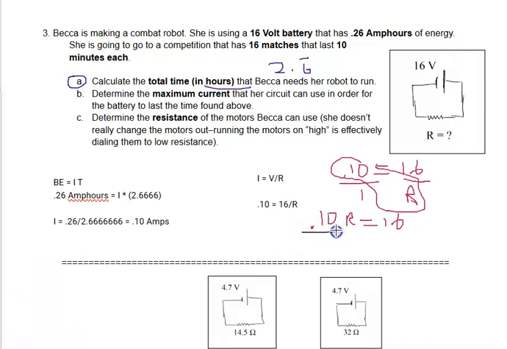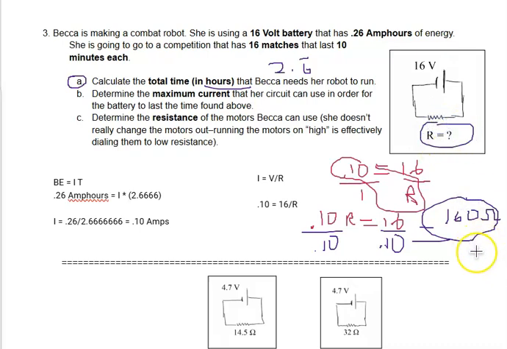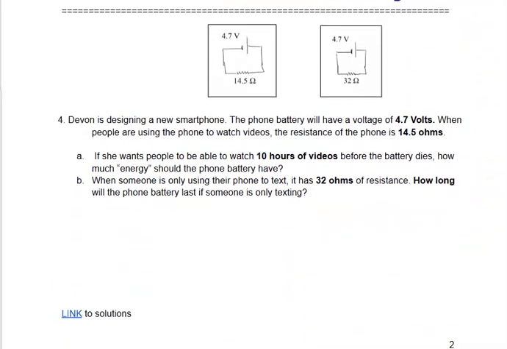And then we're going to divide both sides by 0.10. So 16 divided by 0.10 is 160 ohms. Okay, so that's the resistor, the amount of resistance she should use. All right, again, apologize for the sloppiness.